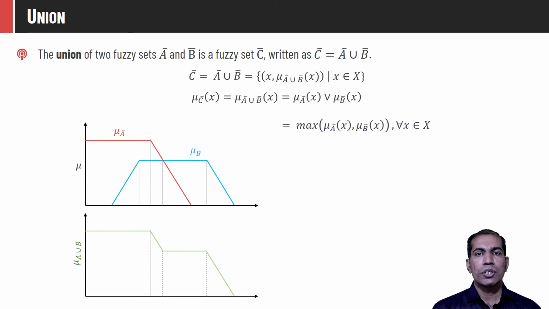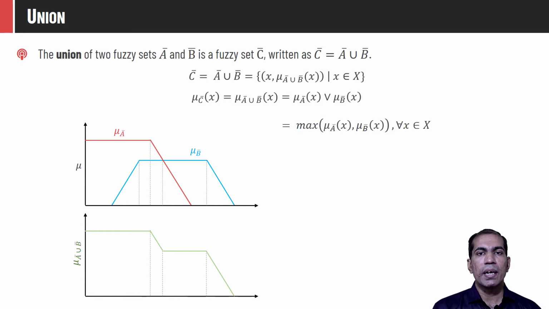Graphically, we can show it like this. The top row represents membership value of element in fuzzy set A bar and B bar as shown. We know that union returns the maximum membership value of element from both the sets. For these elements, the membership value in fuzzy set A bar is non-zero and membership value in fuzzy set B bar is 0. So for this region, the union of these two sets would be the membership value of A bar.